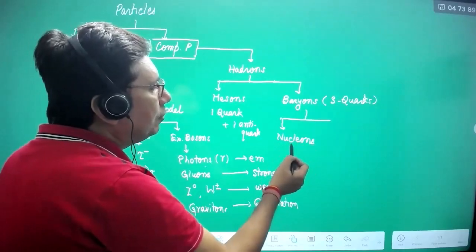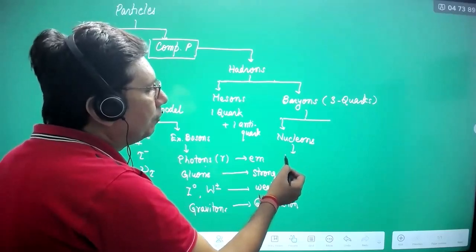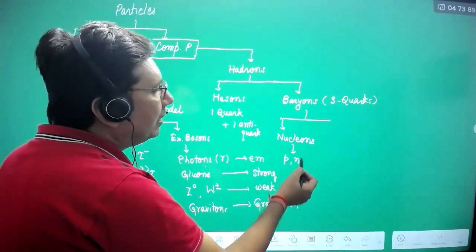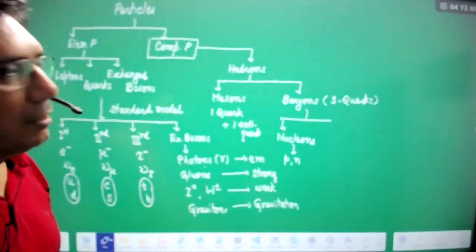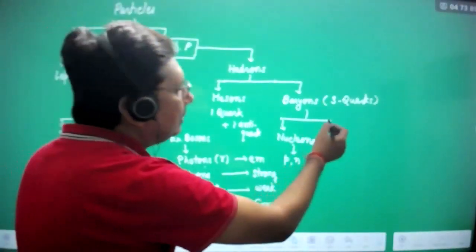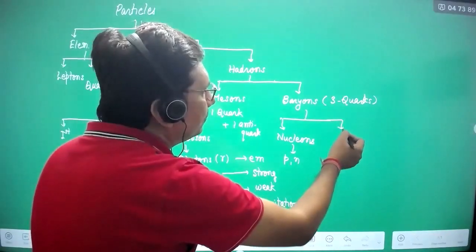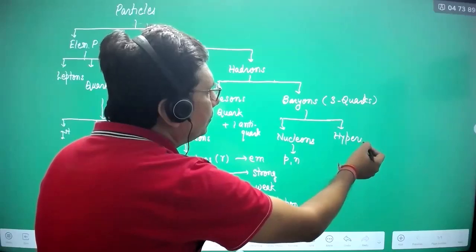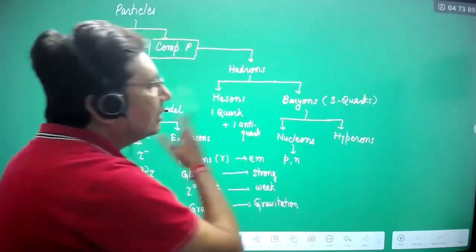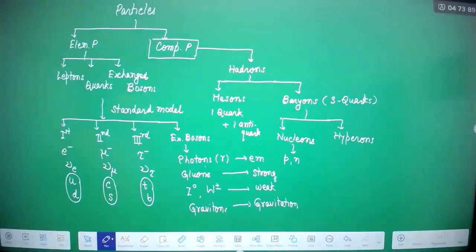Nucleons consist of proton and neutron, and they are called nucleons because they are found inside the nuclei. And the second category is hyperons. So this is the classification of these particles I discussed in the last class.